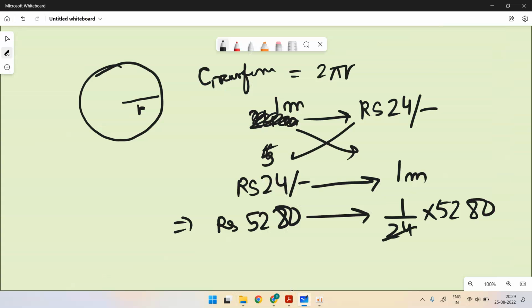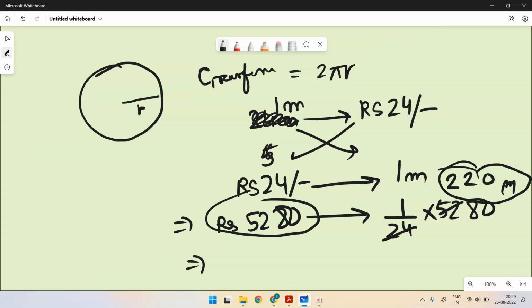If you cancel this, 2 into 8, 48, to 220. So you have made a fencing of 220 meters for this amount.